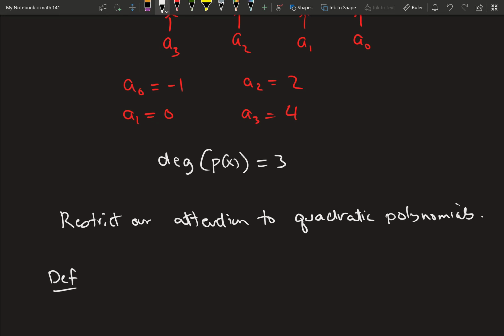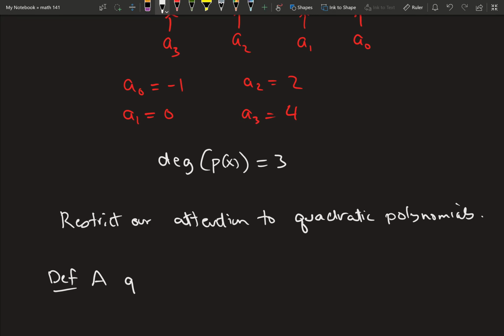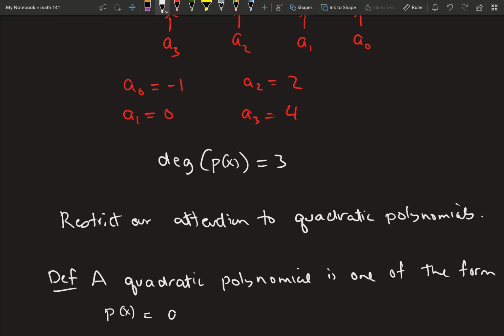Let's define that as well. A quadratic polynomial is one of the form p of x is equal to ax squared plus bx plus c.